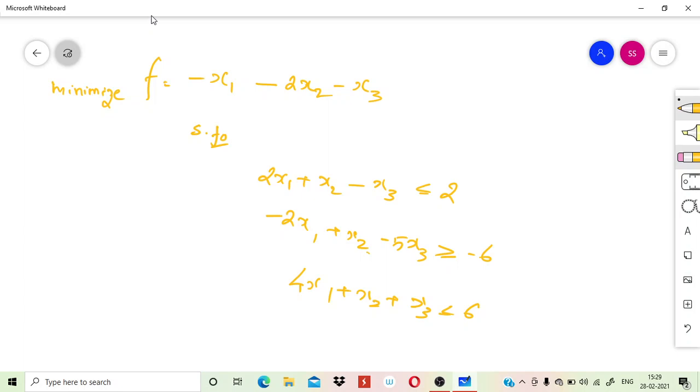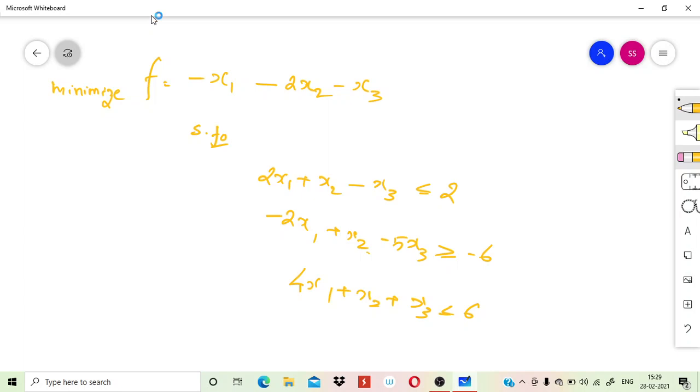That's up to that we have done in simplex method. So recall that procedure. Then also we have introduced slack variables and surplus variables, right? So that also you recall. Those points you should remember.